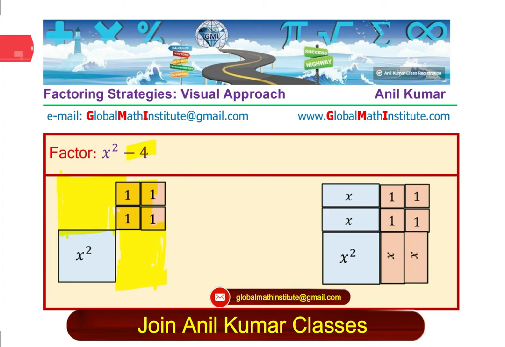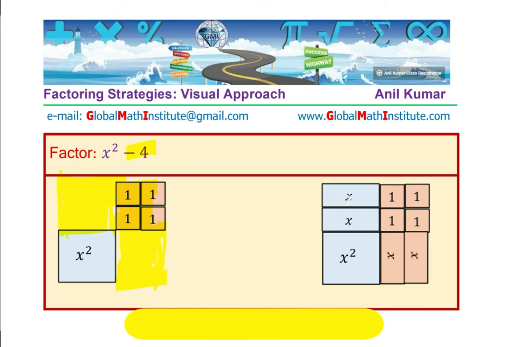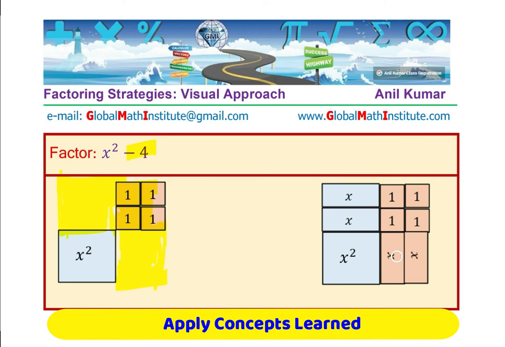And when you're completing, ensure that you add and subtract the same amount so that you do not disturb the equation. And clearly, we added 2 x's and we took away 2 x's. Perfect. And that is how we factor.